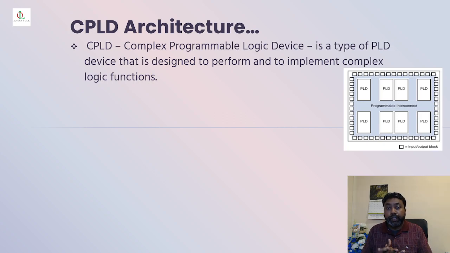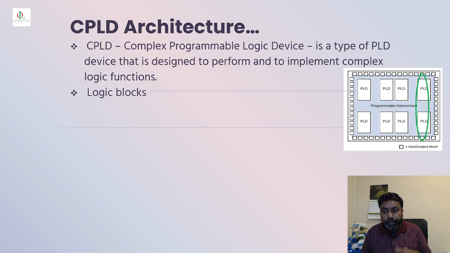So what is a CPLD? It is composed of a lot of PLDs, programmable logic devices, that hold the logic functions, all your basic logic gates and Boolean algebra functions. It has logic blocks, as I said, that can be converted to your own peripherals.